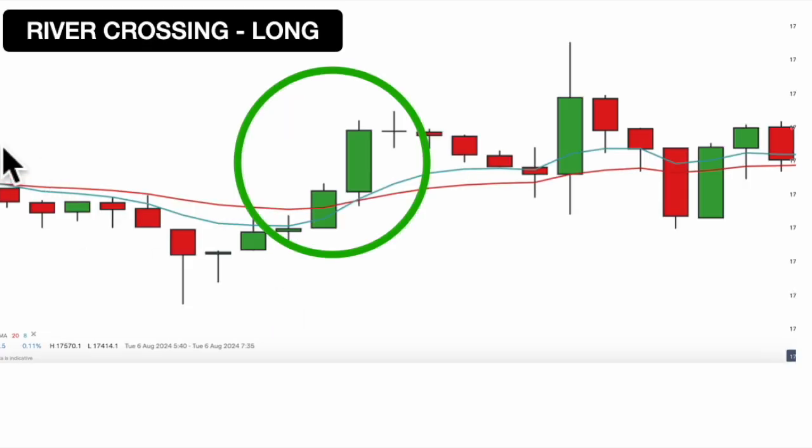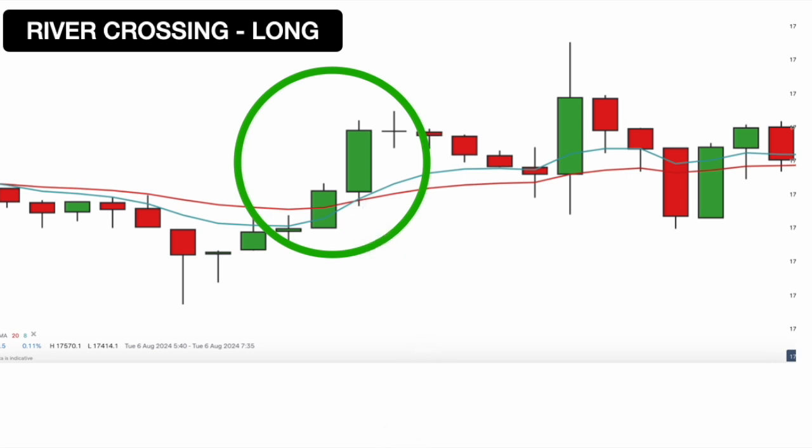So just as an example, here's a long trade. Price wobbling along by the river of value, crosses over, convincing crossover, little candlestick wick at the top, and the next candlestick comes down, tests the river of value.